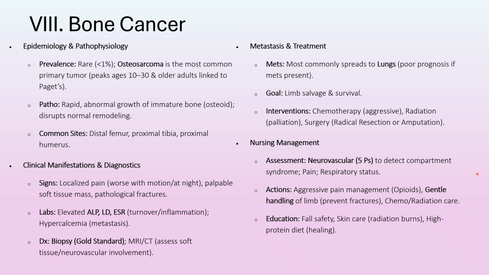Meds: administer chemotherapy, support radiation therapy care. Give emotional and wound care. It's very important here for emotional and also for wound care. Patient teaching, radiation care: avoid creams, lotions, deodorants on the radiation site to prevent burns.